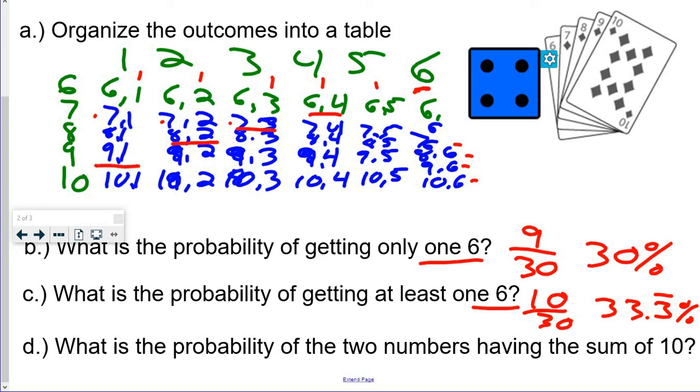So we have 1, 2, 3, 4 chances out of 30. And that equals, trusty calculator, 13.3%, and the 3 is repeating.